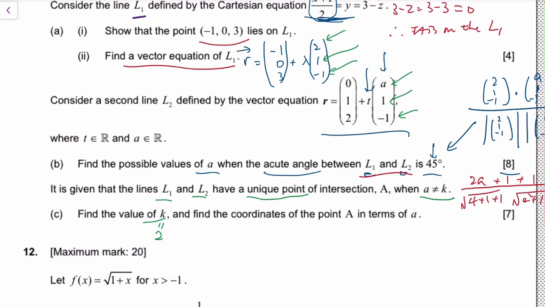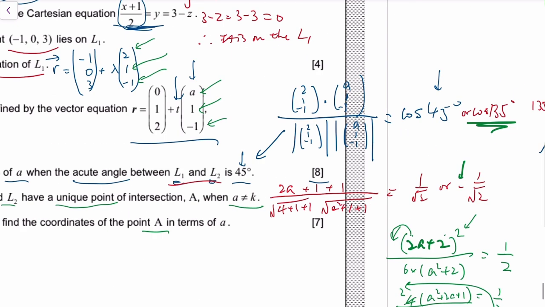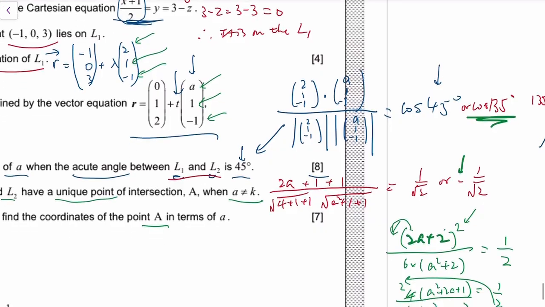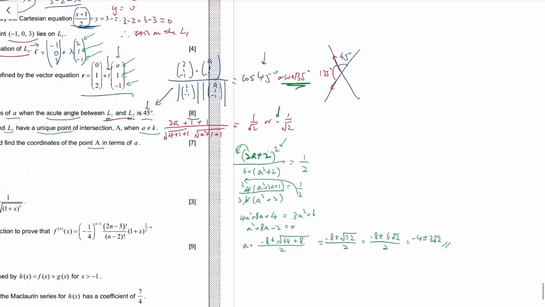we have to find the coordinate of point A, the intersection. Pretty much have no choice but to brute force solve for the intersection, I think. So the line is minus 1, 0, 3 plus lambda 2, 1, minus 1 equal.